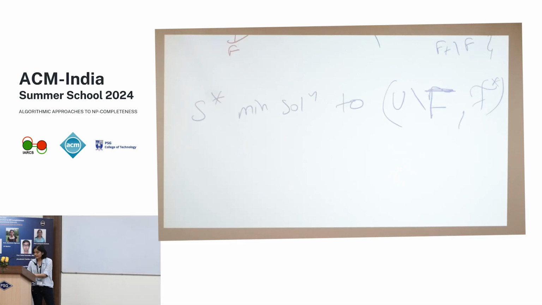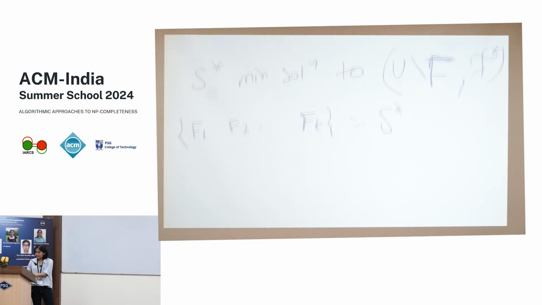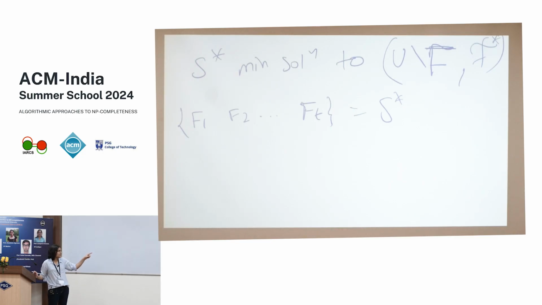Okay, say I have some sets F1, F2, Ft. This is my S star. Okay, now I can construct the same size plus F solution for U comma F. So give me a solution which is S star plus 1 for U comma F. Can you give me a solution?